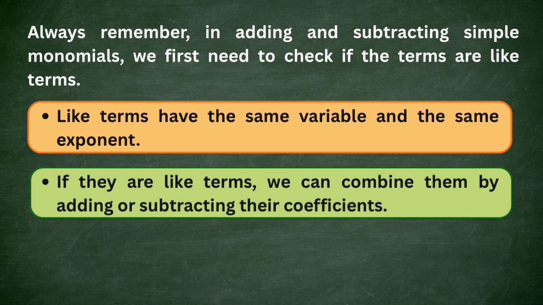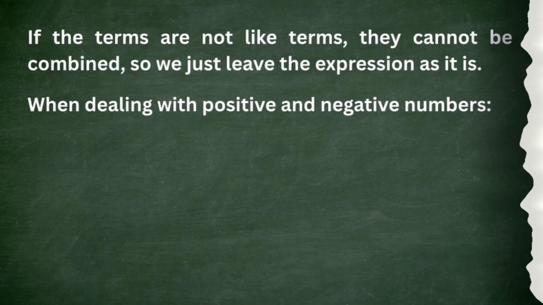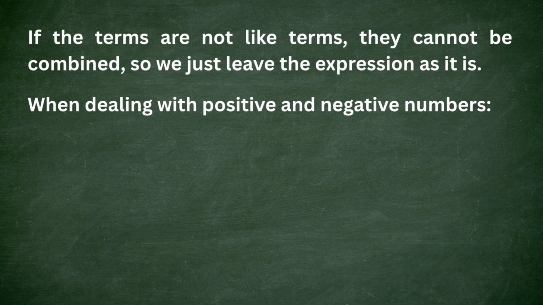If they are like terms, we can combine them by adding or subtracting their coefficients. Always keep the variable and exponent the same after combining. If the terms are not like terms, they cannot be combined. So we just leave the expression as it is.